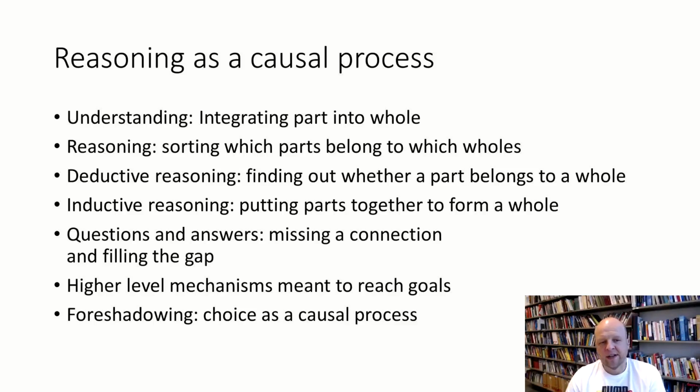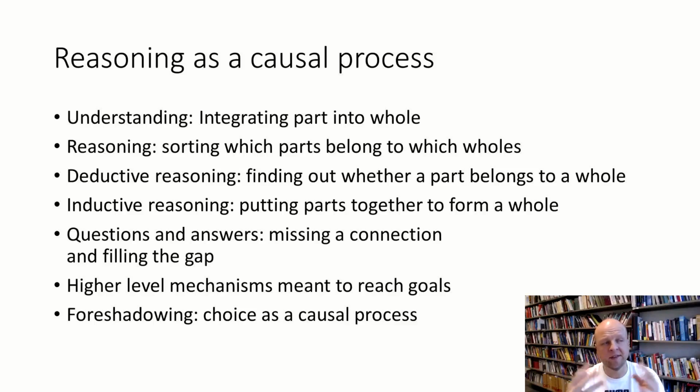And if we translate that into this idea of reasoning as parts and wholes, then you can say that deductive reasoning is about finding out whether a part belongs to a whole. Because that's how we think of deductive reasoning: the premises are like a whole and the conclusion is implied in the premises. So it's a part that belongs in the whole that these premises constitute.